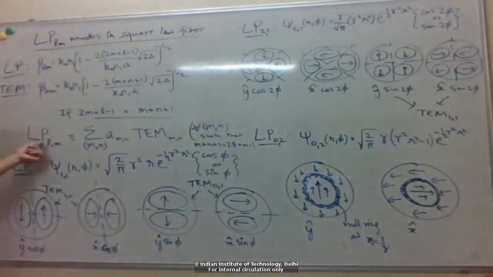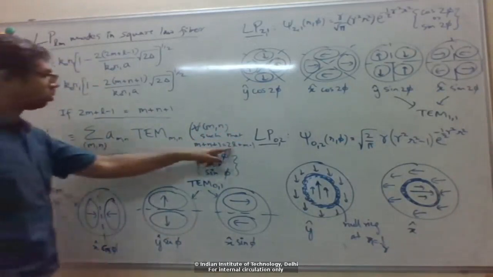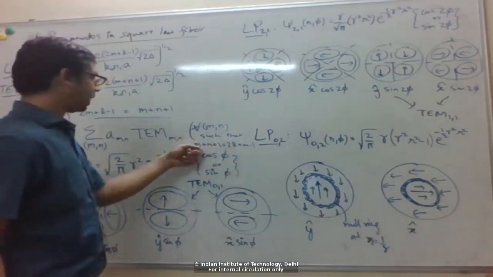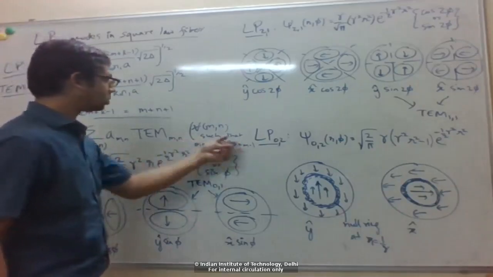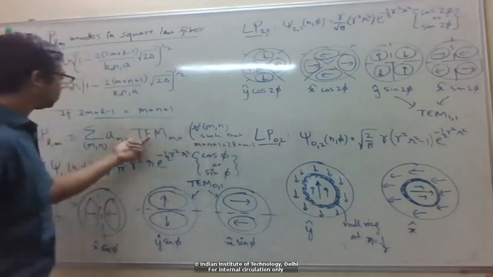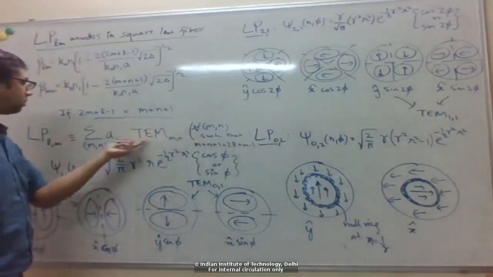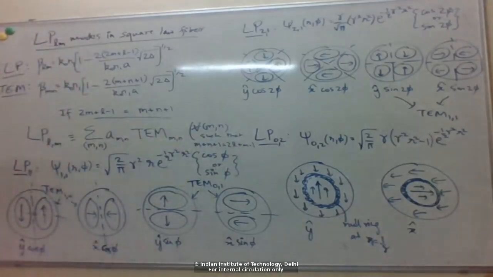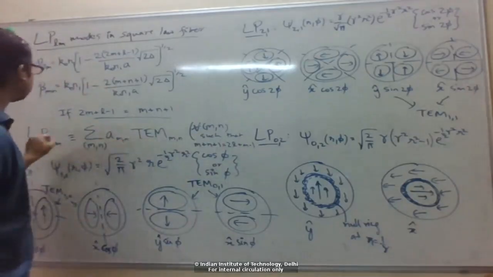Given some LP mode with some indices l and m, you find out what 2m plus l minus 1 is, that's some number. Then you find what m and n values could correspond to that number. Those modes will add up with some weights to give you this LP.